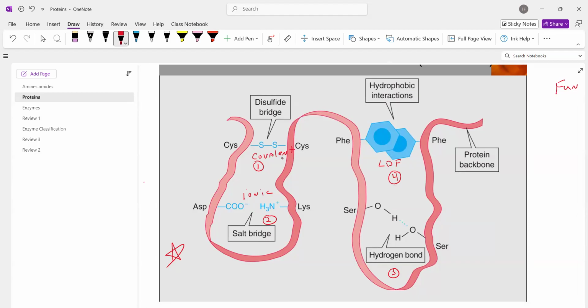Second is ionic. For example, if you had a negative acidic group and a positive nitrogen group, those are going to attract ionically, called a salt bridge, but it's also very strong. Hydrogen bonding, strongest IMF, and then there's another one, which would be a dipole to dipole, for example.